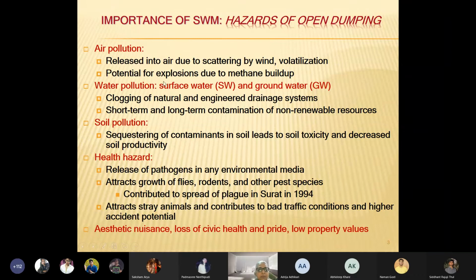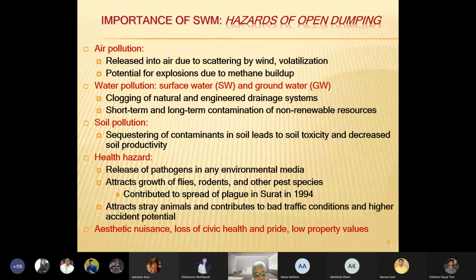That is the first one. The second one is the potential for explosions due to methane buildup. Most of you must have noticed, especially those who are from Kolkata, it's so obvious. When you come from the airport and head towards the south, you can see these huge landfills. They're not proper landfills. They're just open dumps of municipal solid waste, and you can see a lot of smoke coming out of them. That smoke is because of fires within the dump.